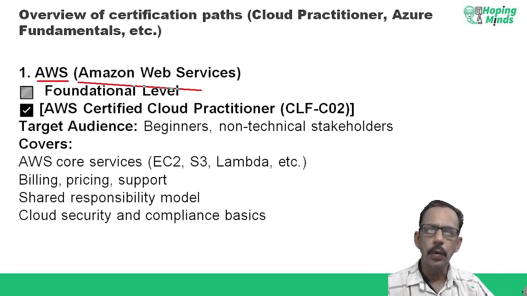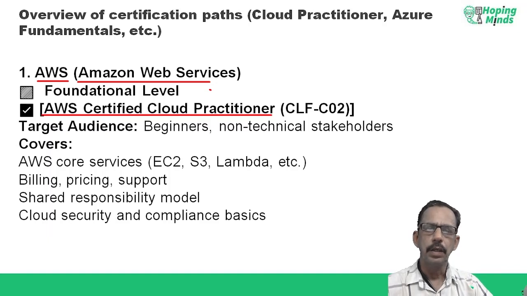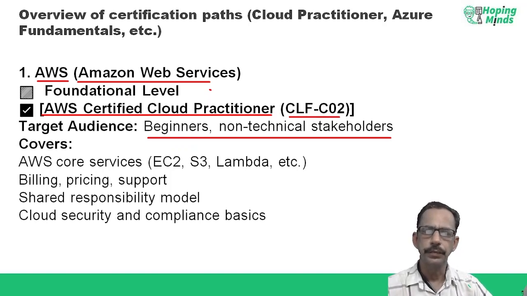AWS, Amazon Web Services. The very first certification that you can do is the AWS Certified Cloud Practitioner. It's totally for non-technical persons, you can say. For beginner level, this is the first certificate that you have to do. Exam code is CLF-C02.